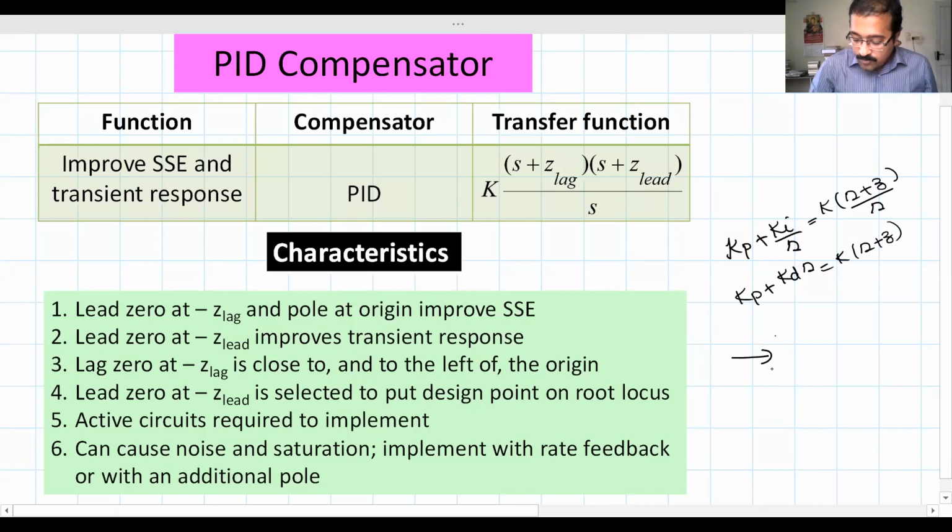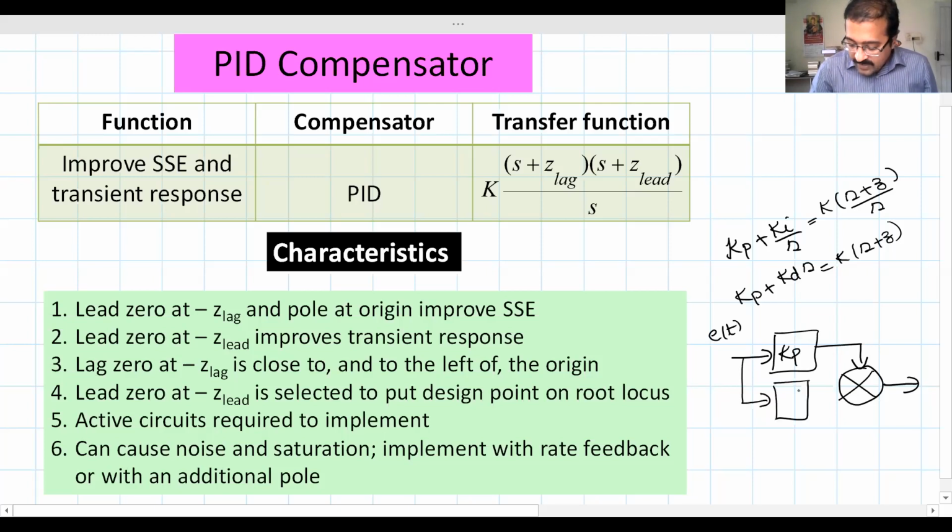One is a proportional part, in block diagram form. Suppose the input to the control is error. This is the error signal, right? Then you have Ki by S, the integral term, and you have the derivative part, Kd into S. All are summed up.